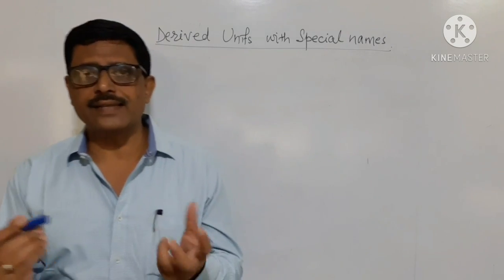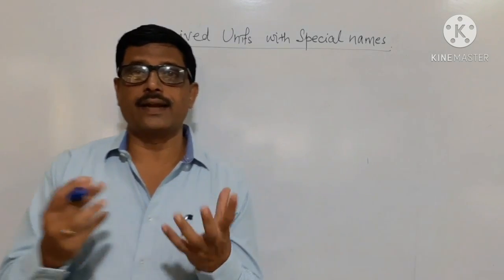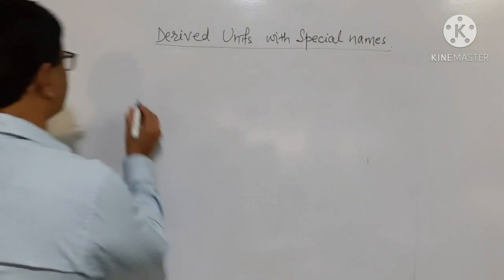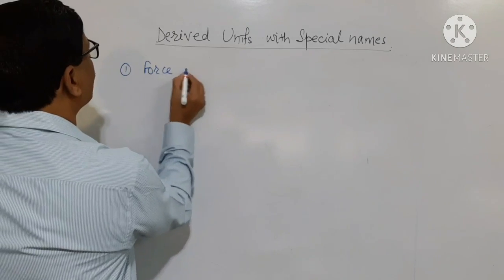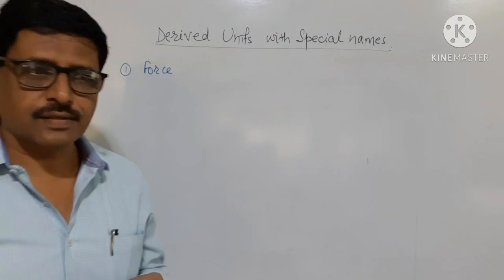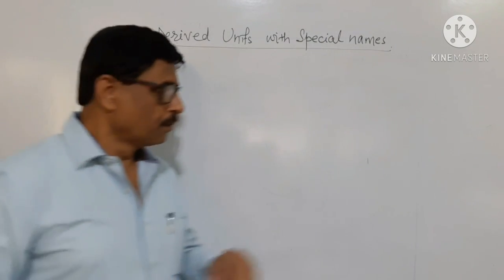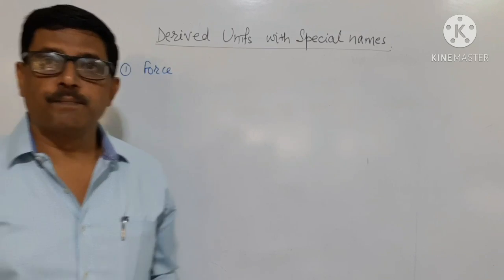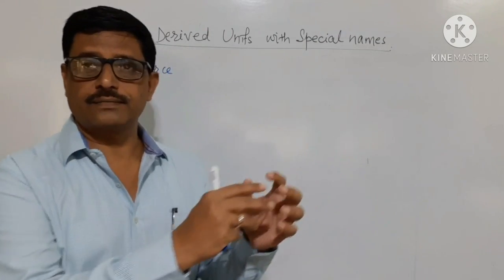We will see as an example only a few derived physical quantities and their units with special names. I will start with the force. What is force? Force is push or pull acting on a body.